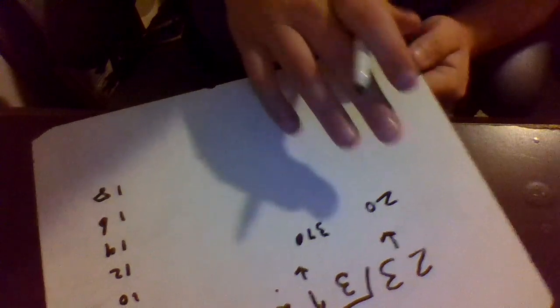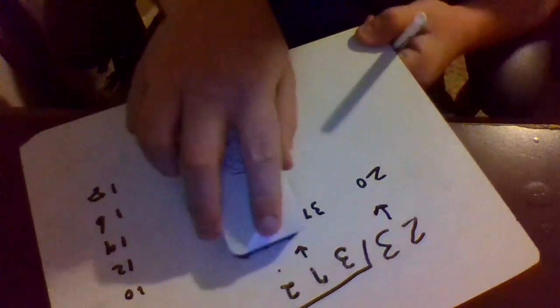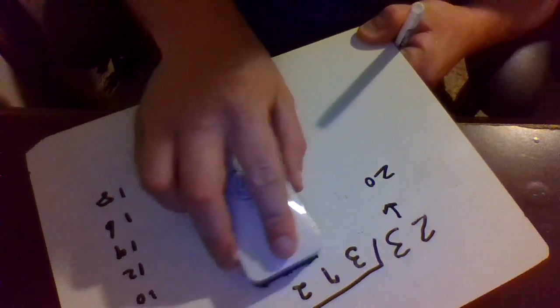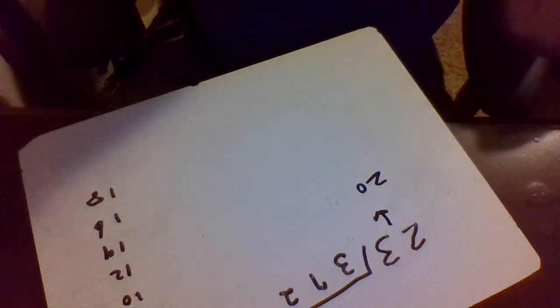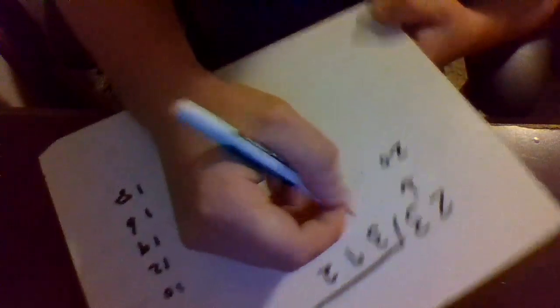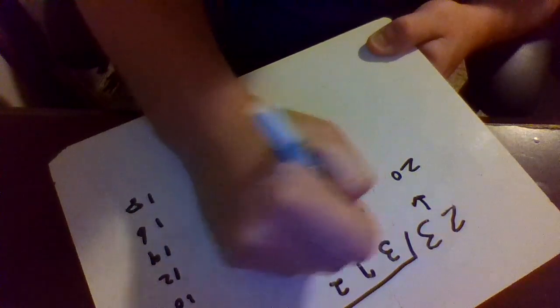But 20 into 370 is still a little bit of a challenge. So this is what we're going to do. We're going to round 370 to the nearest 100. So 372 goes to 400.